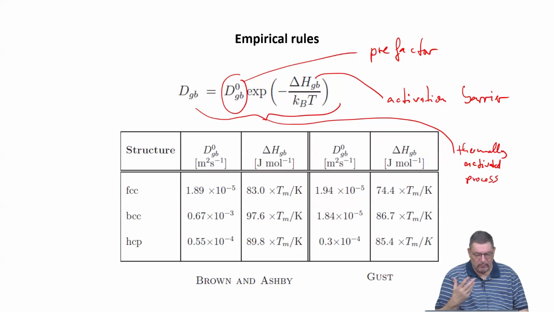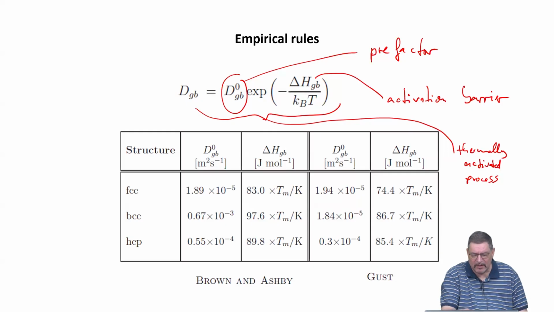And so, as a rule of thumb, there are these relations for the different lattices, FCC, BCC, HCP given, where general parameters for the prefactor, which has to do with jump frequencies and entropic contributions, is given, and also where the height of the activation barrier is related to the melting temperature, in absolute units Kelvin, of the specific system.